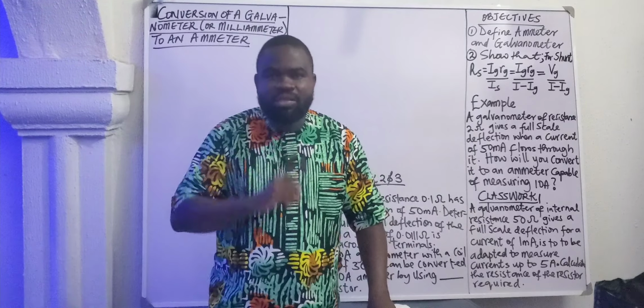That is why we call it a milliammeter. Milli is times 10 raised to the power minus 3.